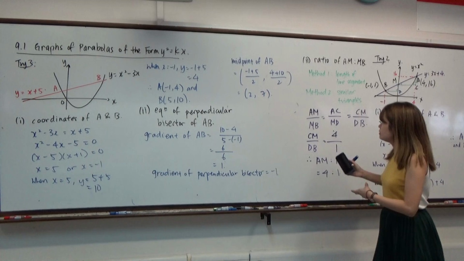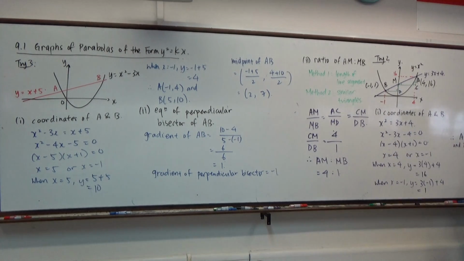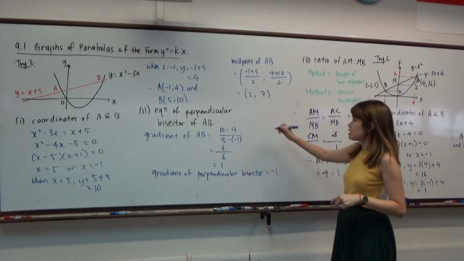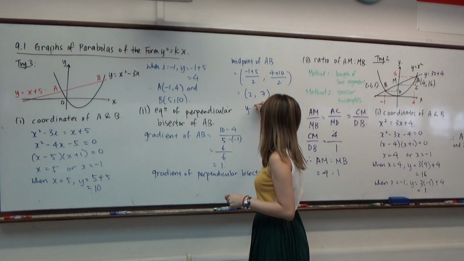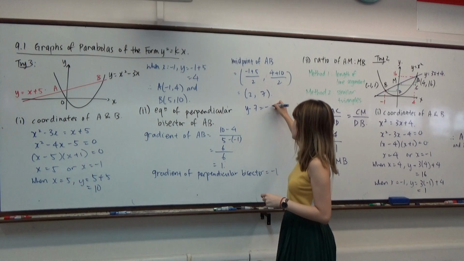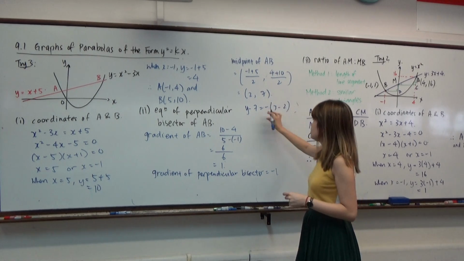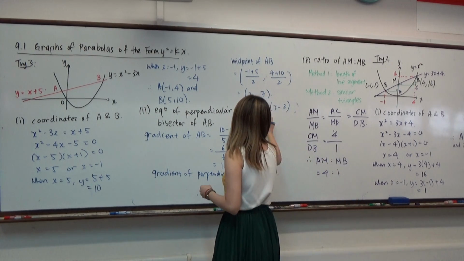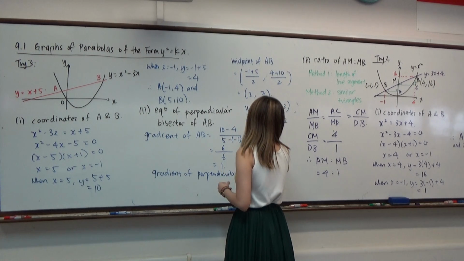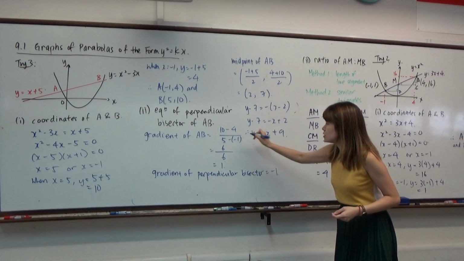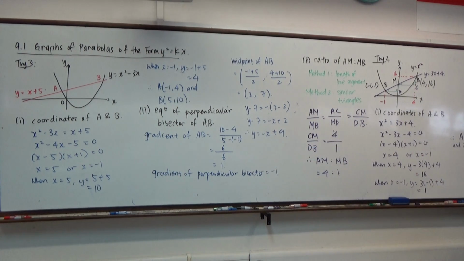That will be 2, 7. Okay, so the equation will be y minus 7 equals negative 1 times x minus 2. So therefore, the equation of the perpendicular bisector will be y equals negative x plus 9.